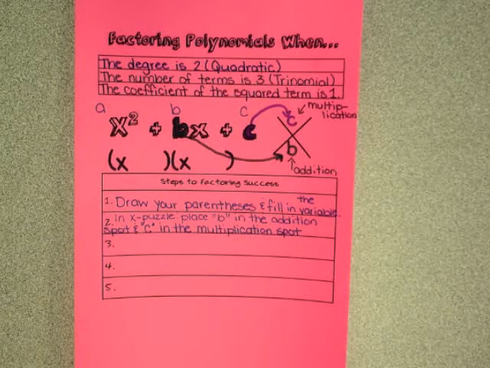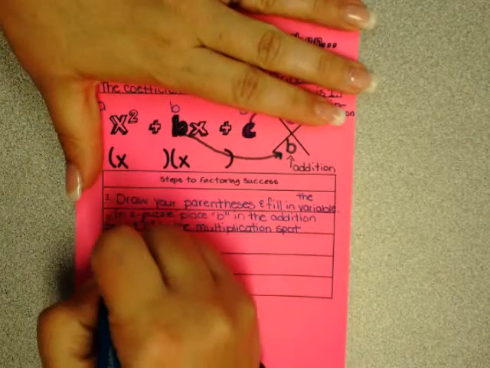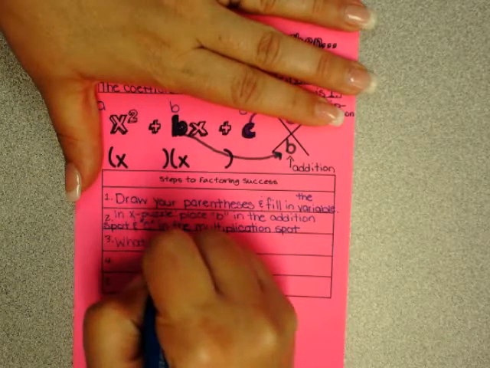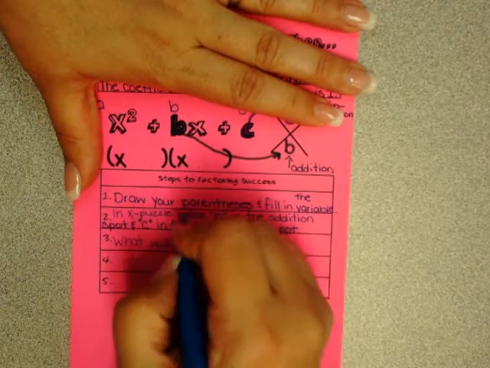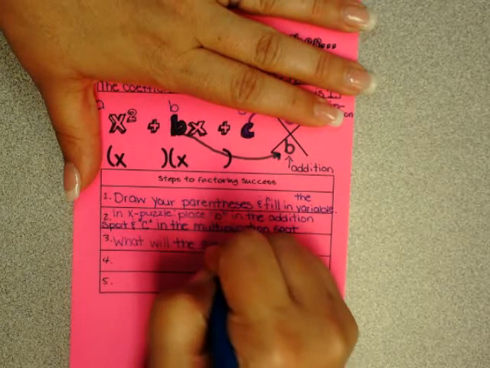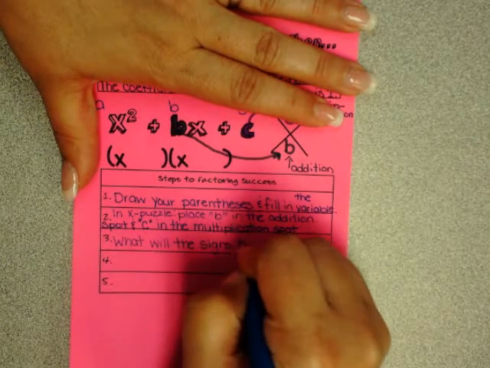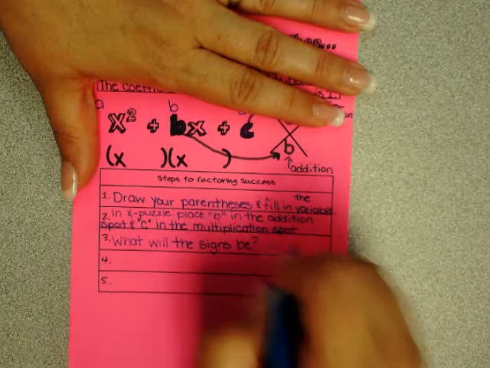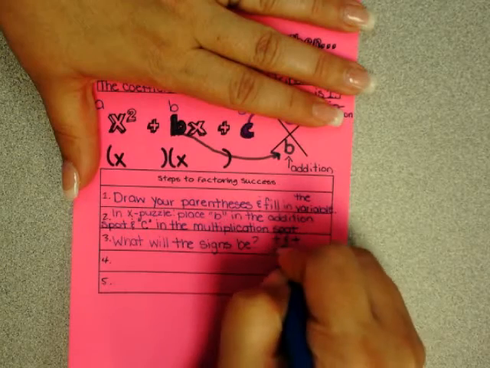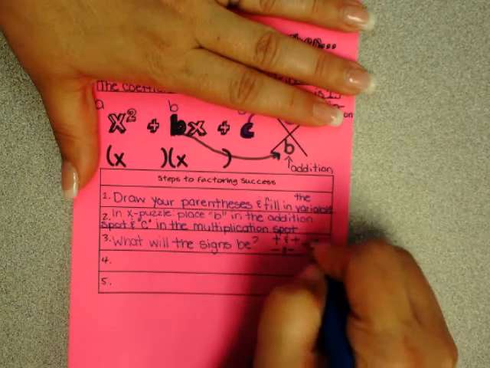All right, so we've filled in our X puzzle. We've placed B and C. Now it's time for step 3. What will the signs be? Are you going to have a positive and positive, a negative and a negative, or a positive and a negative?